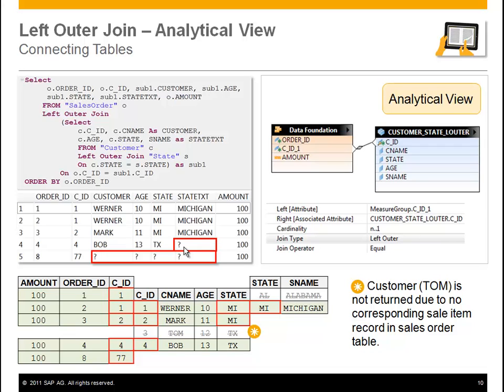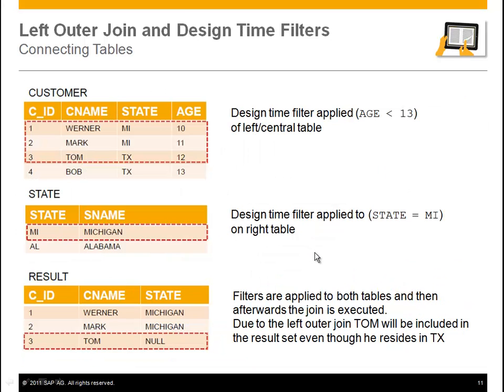And also we do not have any customer 77 over here in our customer table, therefore it's a blank. Okay, but you still see the facts. So you will see all the facts, but the dimension information might be missing if you have a left outer join in this scenario. So it's saying customer Tom is not returned due to no corresponding sales item record in the sales order table, which is what we see over here.